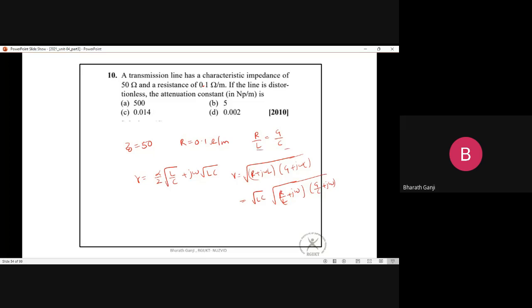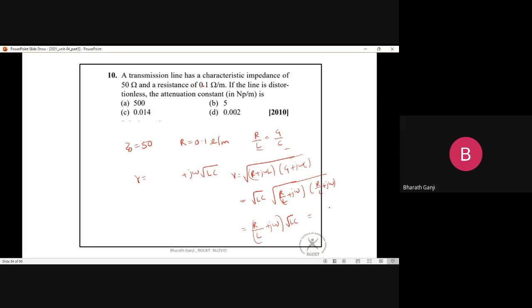If I take these two as equal, I can replace G by C by R by L. Then I basically end up with R by L times R by L plus j omega times square root of LC.